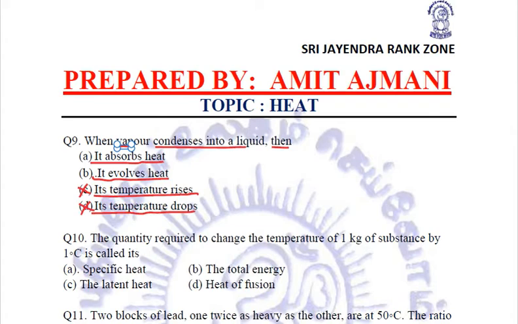So, C and D options cut off. Next comes whether it will absorb heat or it will evolve heat. We are talking about vapors condensing into liquid. So it cannot absorb heat. It is evolving heat. So B, it evolves heat, is the right answer. Coming to the next question.